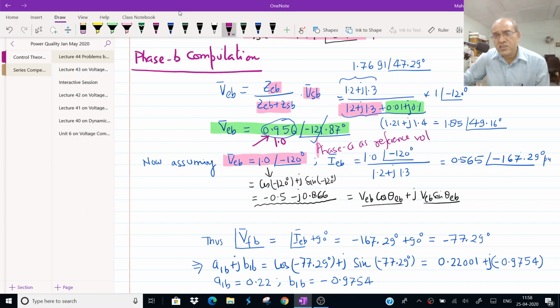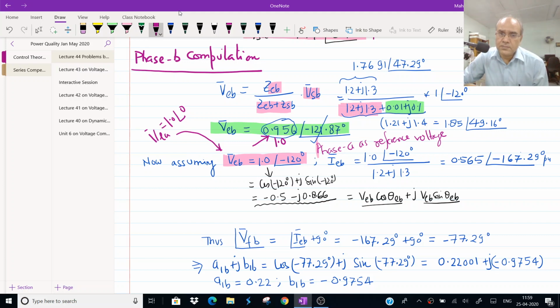We can solve this problem either by making this phase a local reference voltage, or we can still continue to take phase A as the reference voltage. Whichever way, we can solve it both ways. So let us take that the reference is still the same, VLA. So VLA equals 1.0 angle of 0.